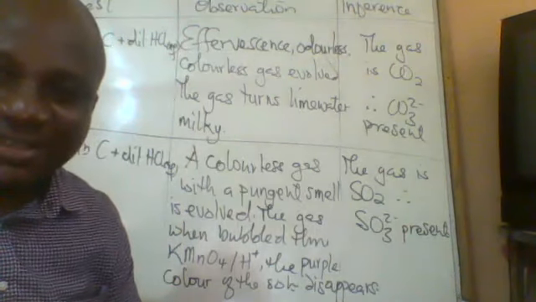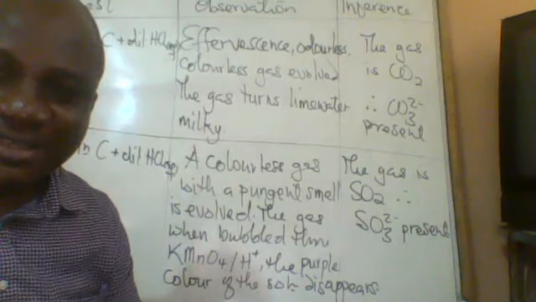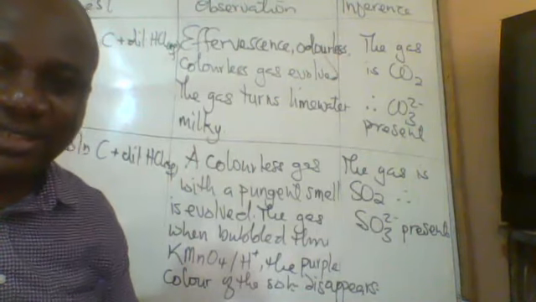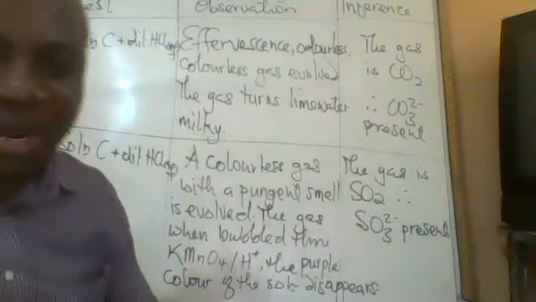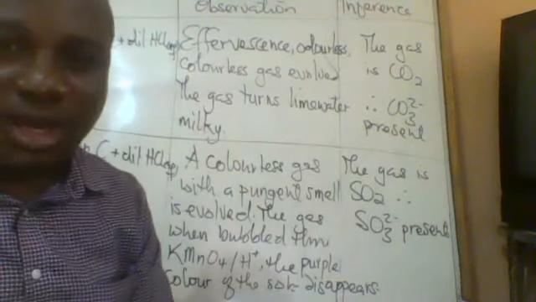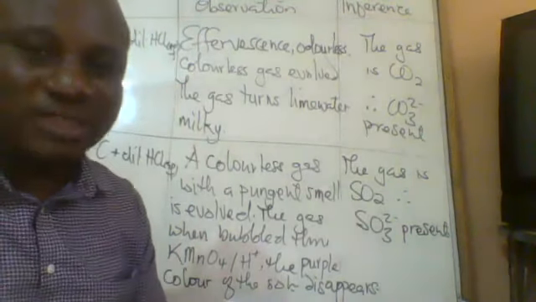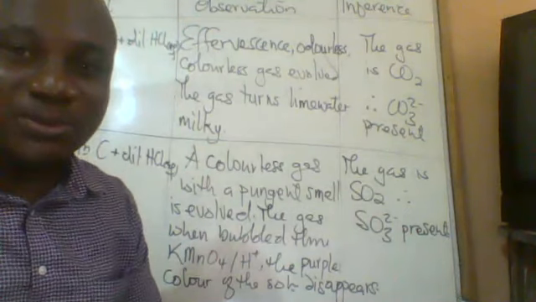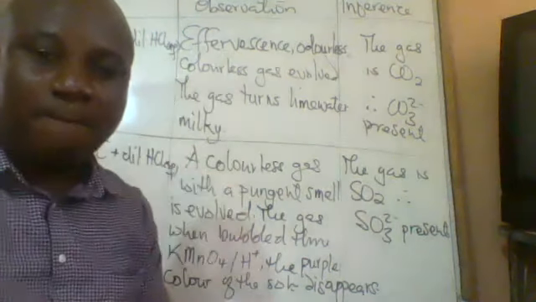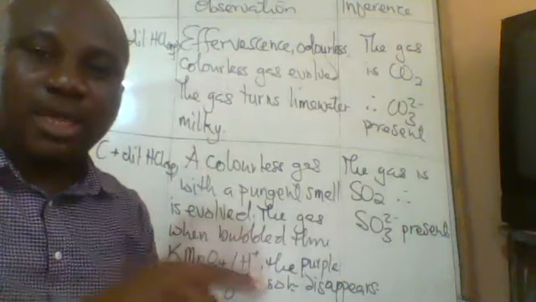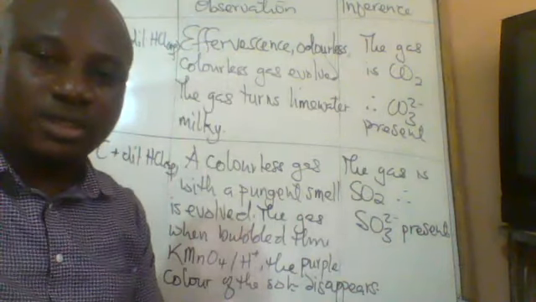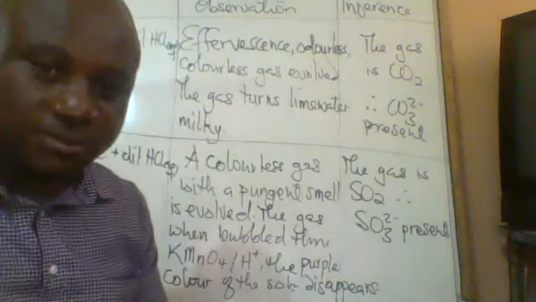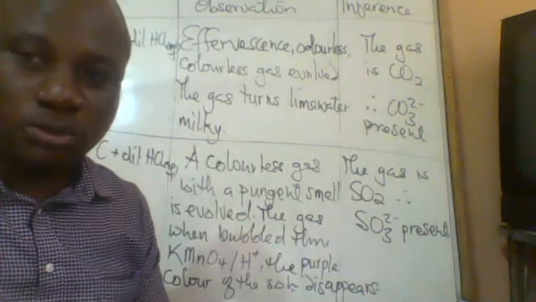I'm not sure of that, but I think you see a brown precipitate. Yes, madam. You see a brown-black precipitate of manganese(IV) oxide, MnO2, because in a basic medium, the KMnO4 solution will be reduced to MnO2.